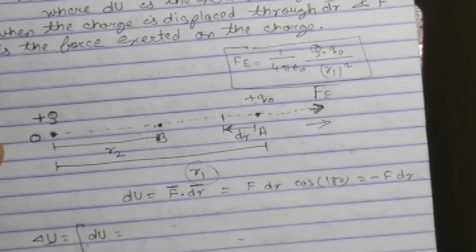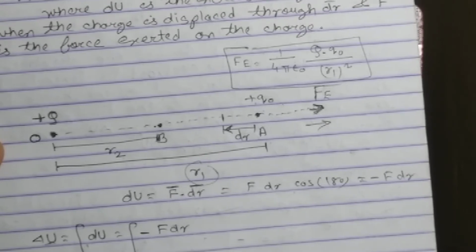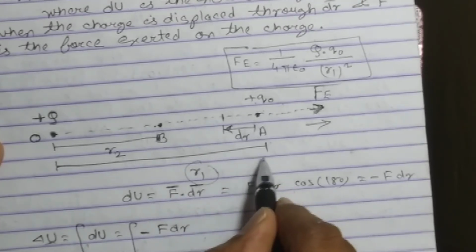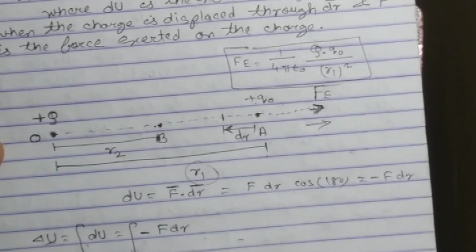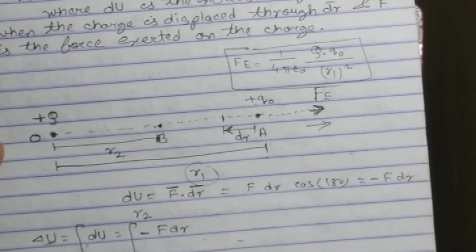Already we found that the value of dU is minus F into dr. Students, but this work done we are going to find from r1 to r2. Okay, so we have to put here limits r1 to r2.